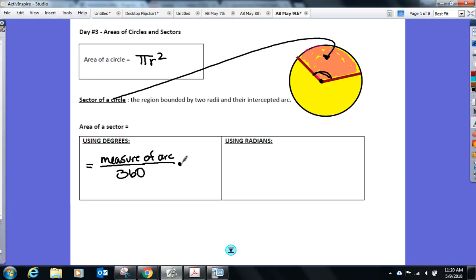Sounds familiar, right? Very similar to what formula from the last unit? Arc length. Thank you, Will. But instead of multiplying by the circumference, this is part of the what of the circle? It's part of the area. So I'm going to multiply by pi r squared.